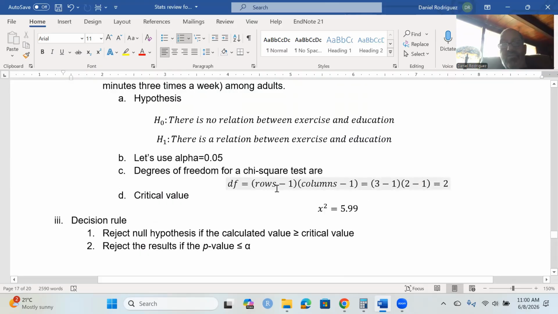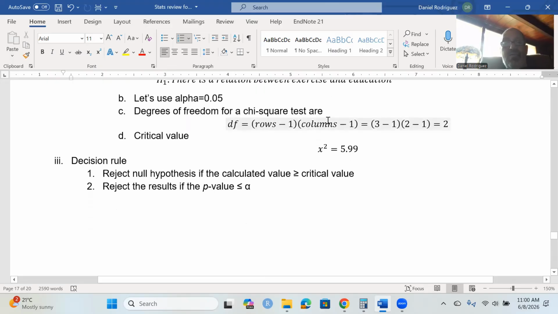So the degrees of freedom are rows minus 1 times columns minus 1. So we get 3 minus 1 times 2 minus 1, which is 2. And for a 2 degree of freedom chi-square, we get a critical value of 5.99. And we can use that to judge statistical significance.